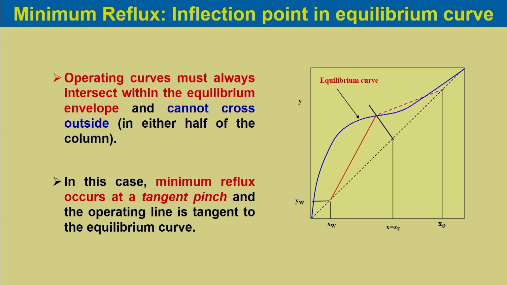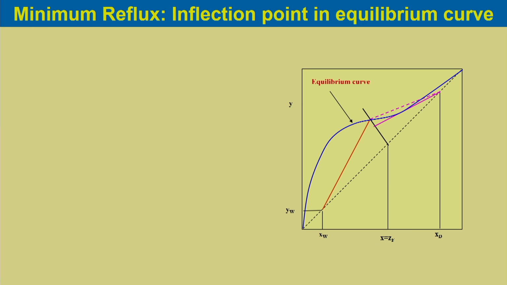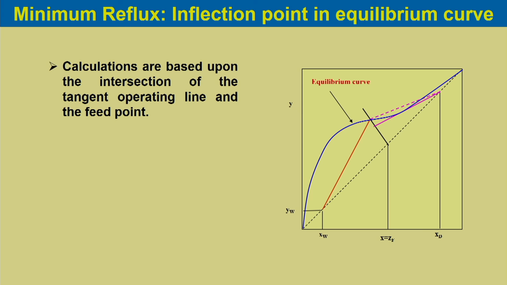In this case, the minimum reflux occurs at a tangent pinch, and the operating line is tangent to the equilibrium curve. So, you can see, to calculate the pinch point over here, we have to draw the tangent from this point D, which is XD, and this will give the minimum reflux ratio for the equilibrium curve having an inflection point.